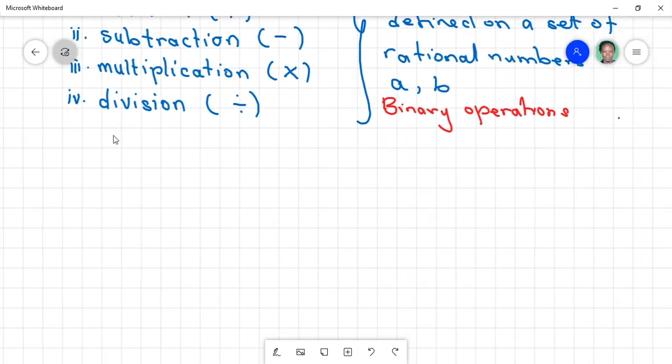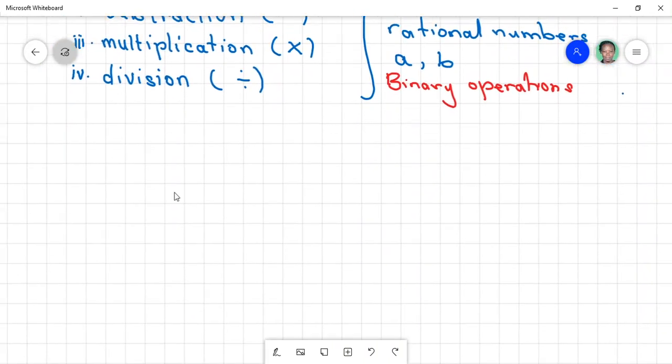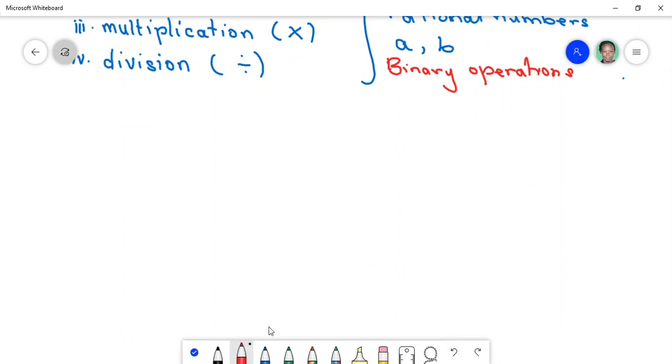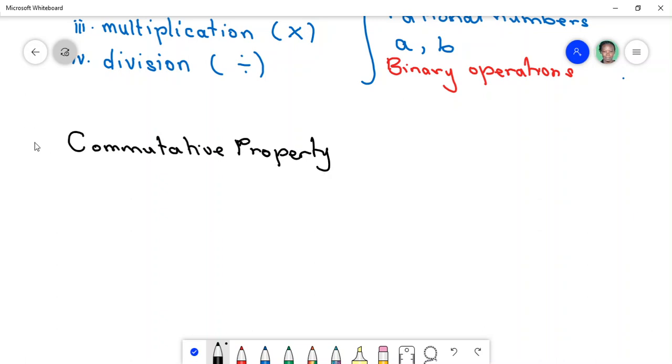Also in our lesson today, as we look at the properties of operations, one property we'll discuss is the commutative property. This is our first property in this lesson.